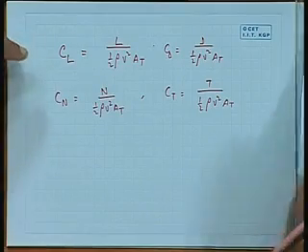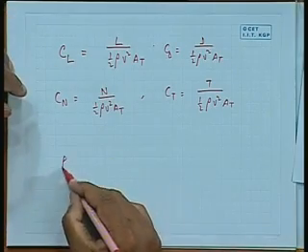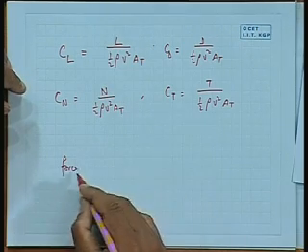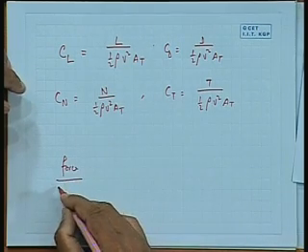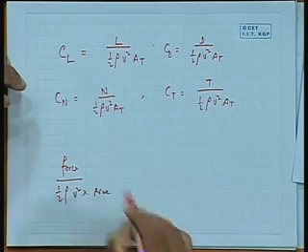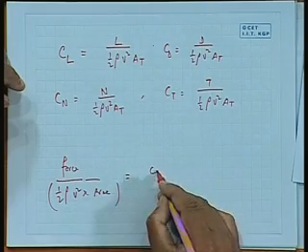It's a common trick with any force: if you see the unit of force, the non-dimensional part of force becomes half rho v square into area. This becomes the non-dimensionalization part, and you always call the result some coefficient.